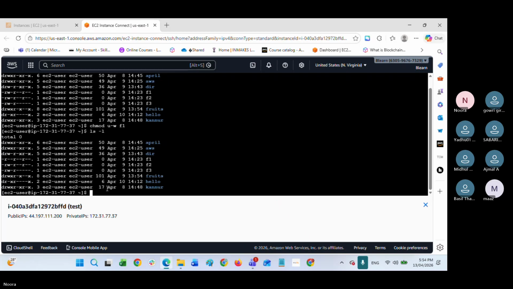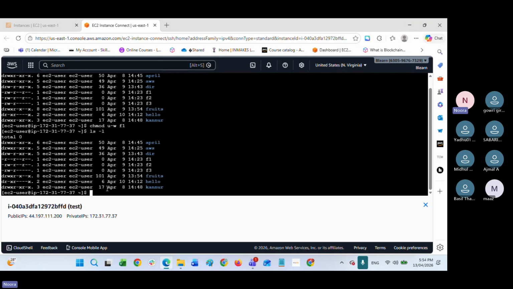Can anyone add all permissions to others on F3? He wants to add all permissions on F3 to others. So rest of the people, what's the answer?